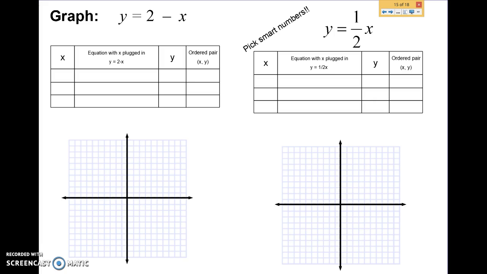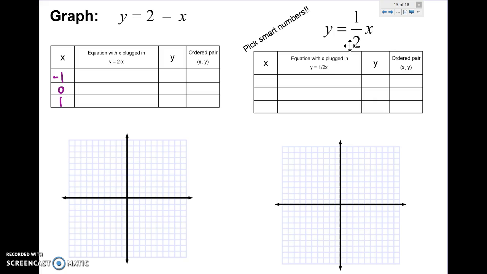Alright, so now let's plug in and solve these problems. All we did was make a t-chart, a little bit changed because now you're going to write in the equation first. And you want to pick good numbers, smart numbers, when you're doing these problems. For example, here I have a fraction. So I'm not going to pick -101, which I could pick on this other problem because there's no problem if I pick -101 there.